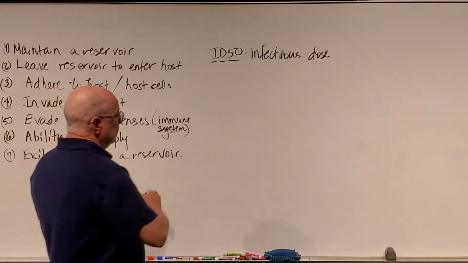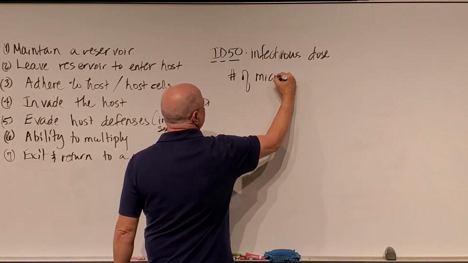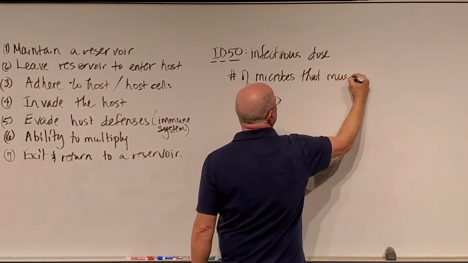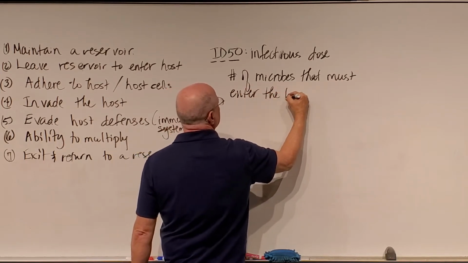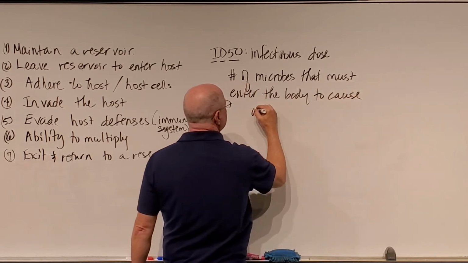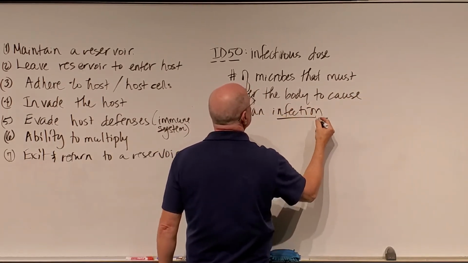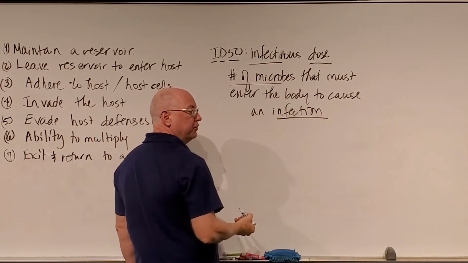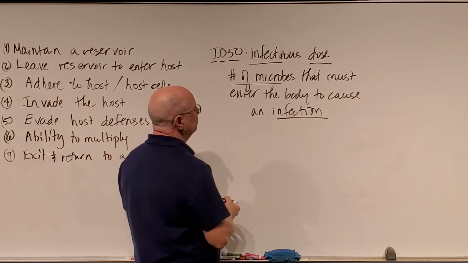So, this is really defined as the number of microbes that must enter the body to cause an infection. So, infectious dose, the dose or number of microbes, like a dose of medicine, so to speak, that must enter the body that cause an infection.